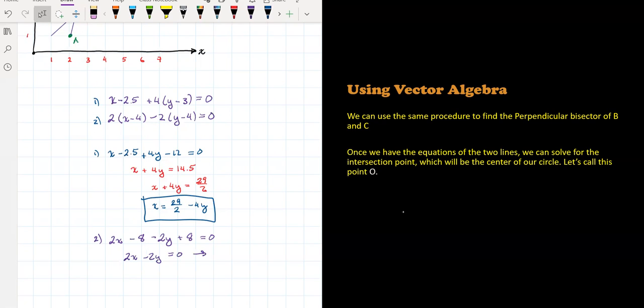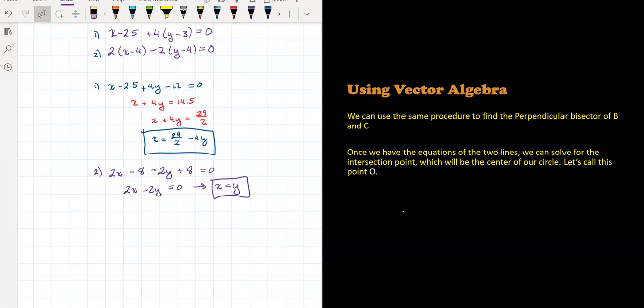Or x equals y. Oh, that's interesting. So, all right, if we plug x equals y into the first equation, we get y equals 29 over 2 minus 4y. And so 5y equals 29 over 2, and y equals 29 over 10.